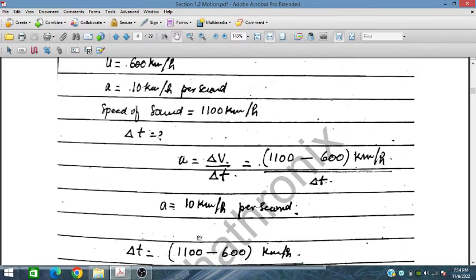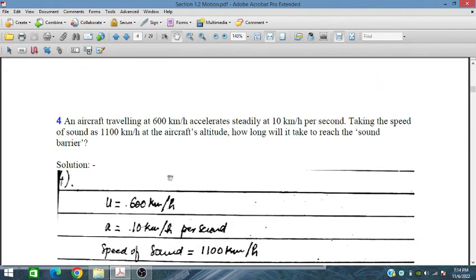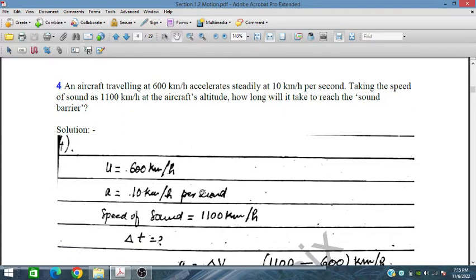After 50 seconds this aircraft will reach 1100 kilometers per hour, because every second 10 kilometers per hour is increasing. So after 50 seconds the speed will be 500 kilometers per hour more. 600 plus 500 is 1100 kilometers per hour, which we can also easily understand by simply taking this value.